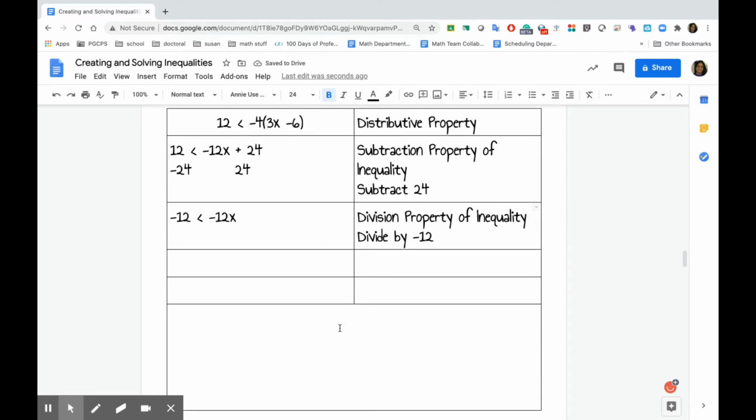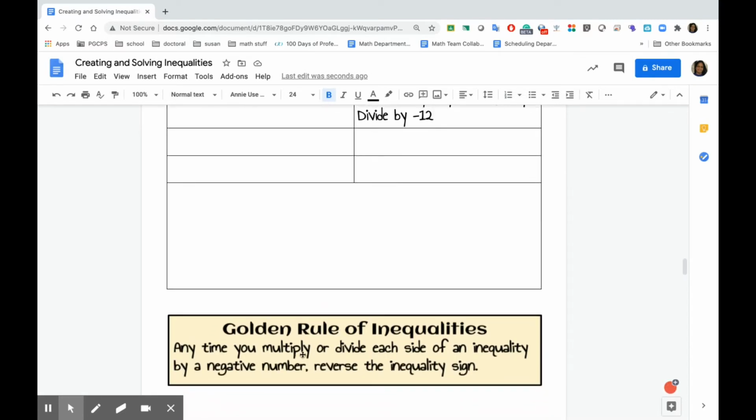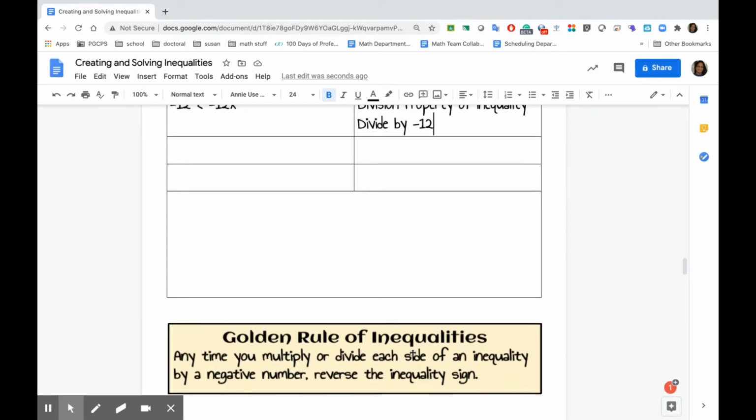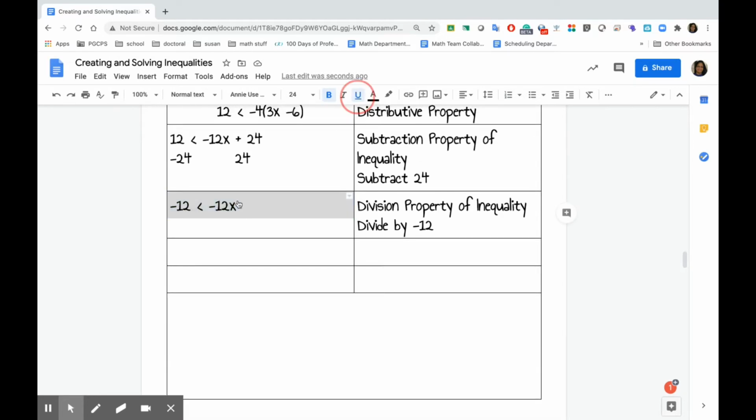The rule is whenever or anytime you multiply or divide by a negative number, you need to switch or reverse the inequality sign. Which means that if we divide this inequality by negative 12, we need to change the direction of the inequality. So the less than symbol will become greater than.